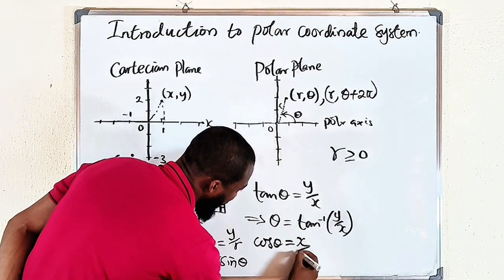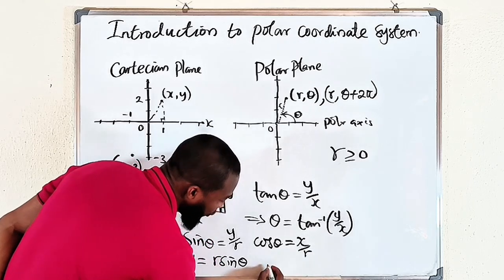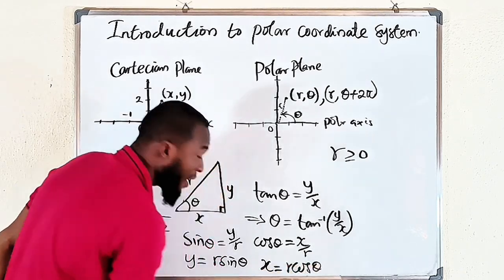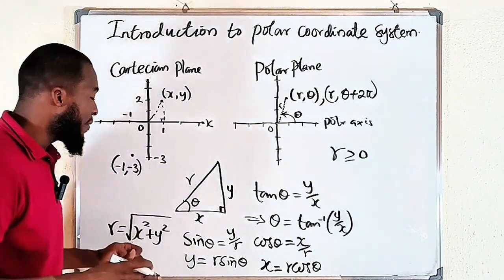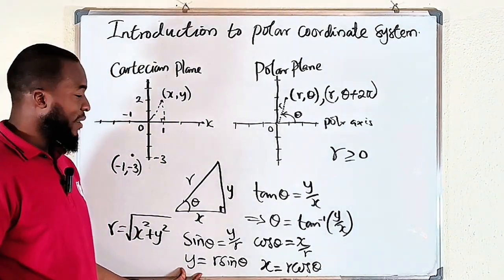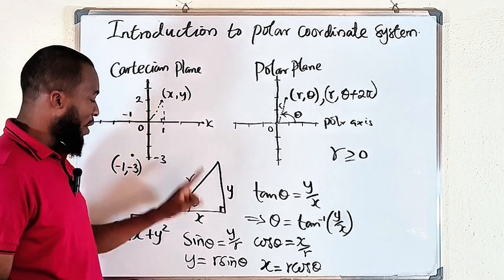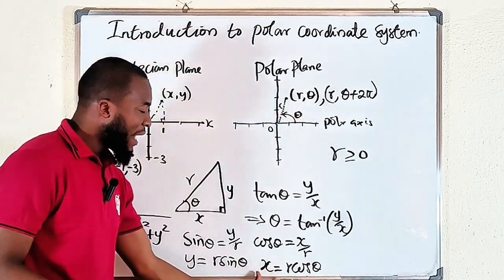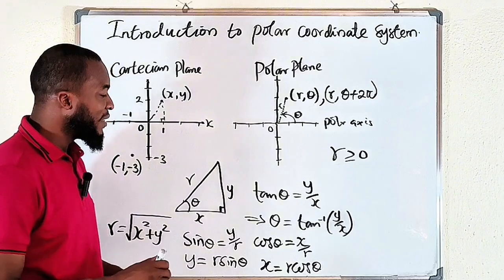Adjacent divided by hypotenuse, which implies that x is equal to r cos theta. In case some other points were not given, you can also apply this. So y, which is this one, is r sine theta if you want to convert it to that other one, and x is equal to r cos theta.